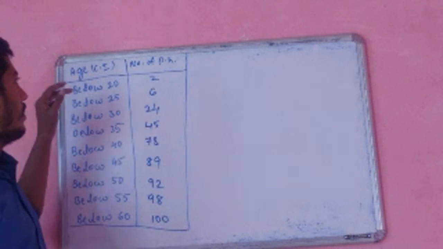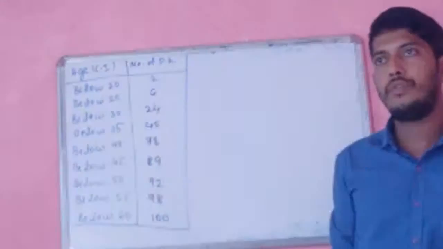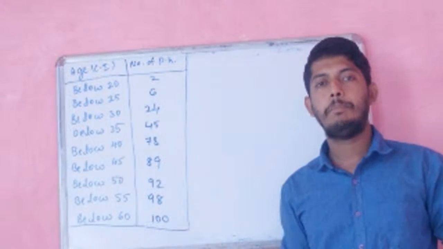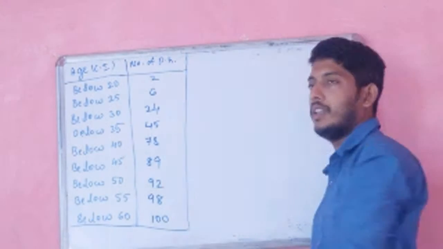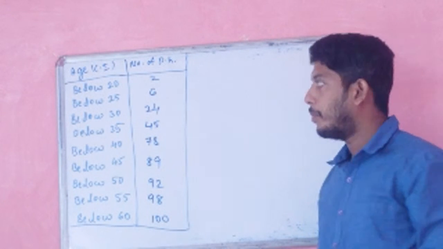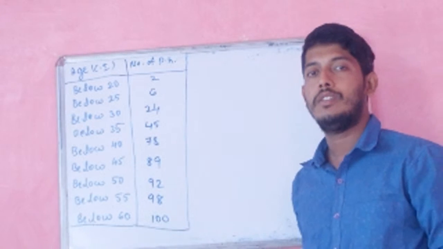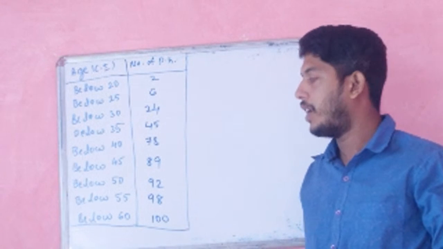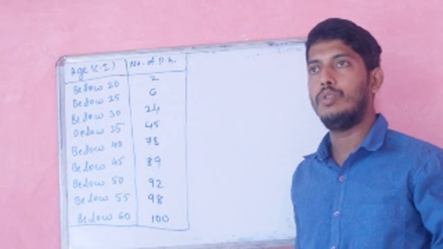See here, when the class intervals are given in terms of lower limit and upper limit, then the given values in the second column are called frequencies. But here they give the class intervals as below 20, below 25, below 30, below 60, like that, or if they give above, like that.